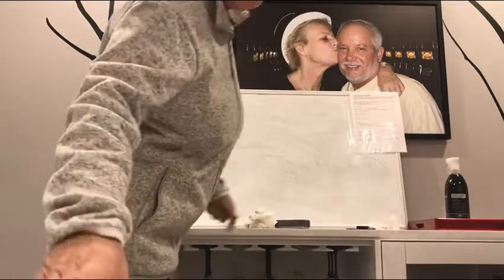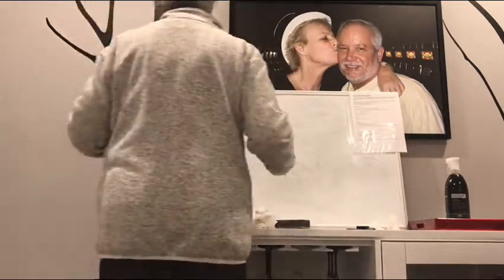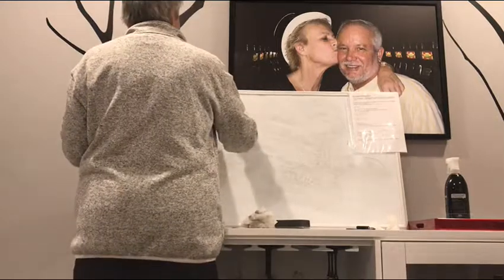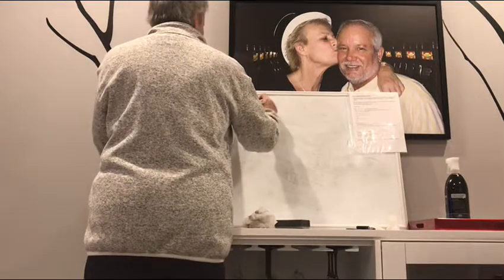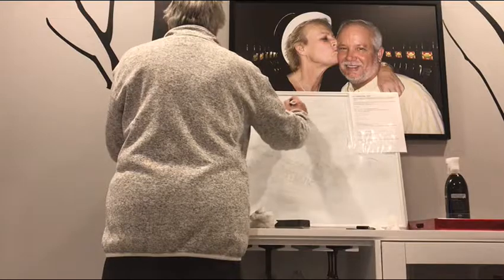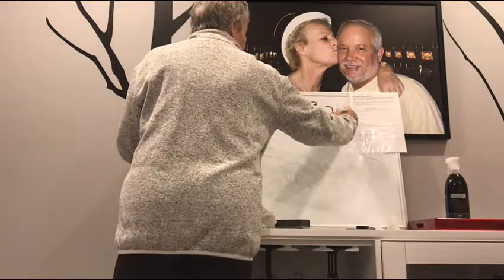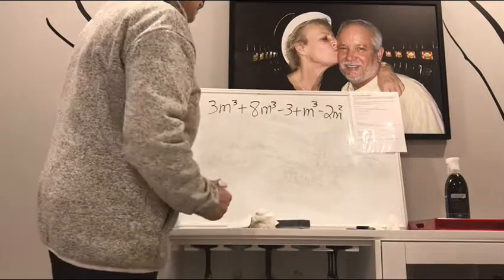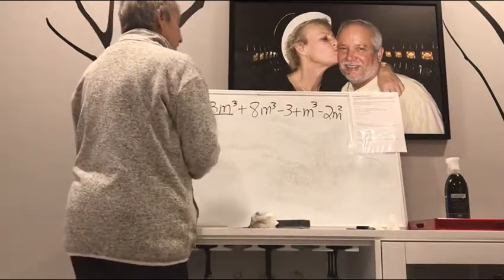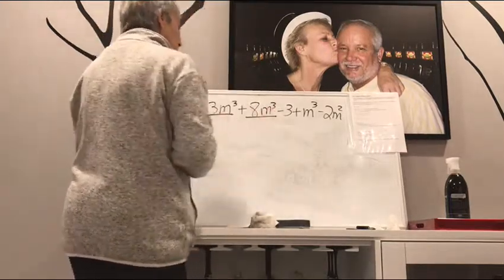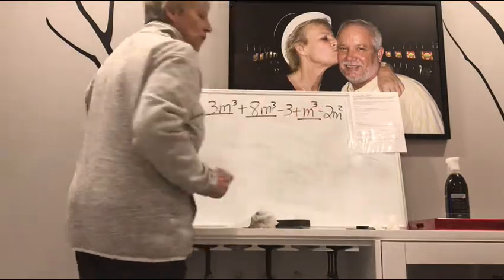On your homework, let's do the first one together. Number 1 is 3m cubed plus 8m cubed minus 3 plus just m cubed minus 2m squared. All right, like terms, I see 3m cubed plus 8m cubed and 1m cubed.